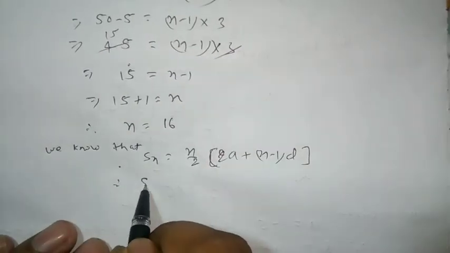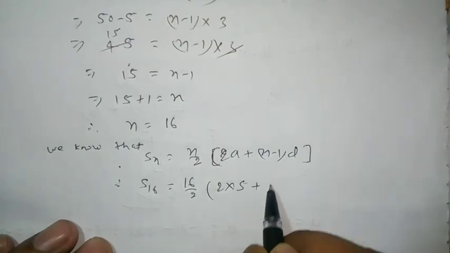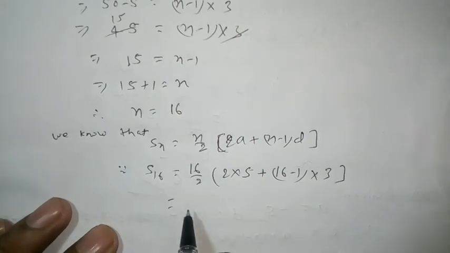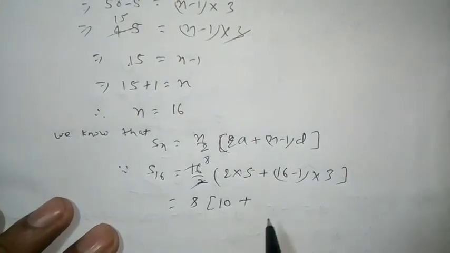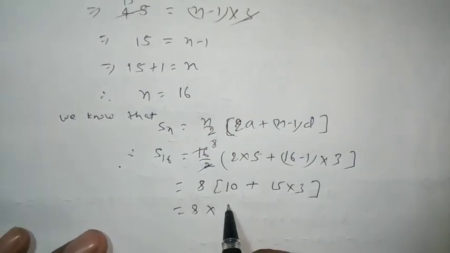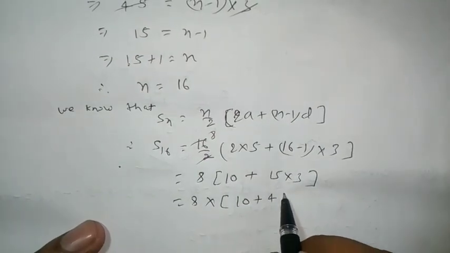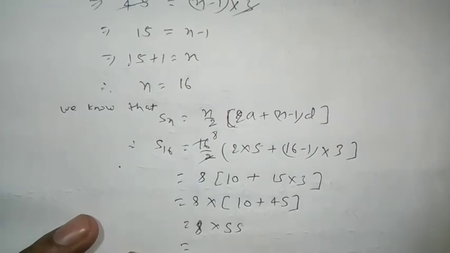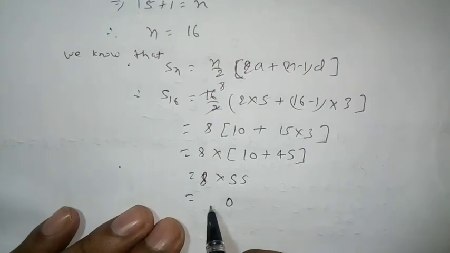Therefore S16 is equal to 16 by 2 into 2 into 5 plus 16 minus 1 into 3. 2 8 are 16, so 8 into 10 plus 15 into 3, 8 into 10 plus 45, 8 into 55 is equal to 440.